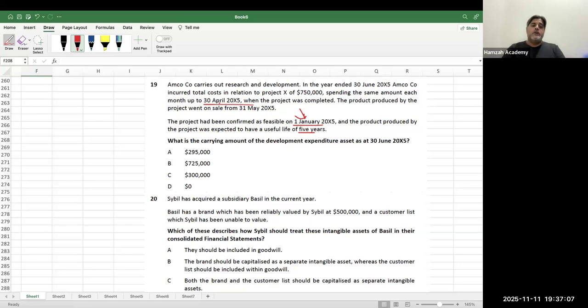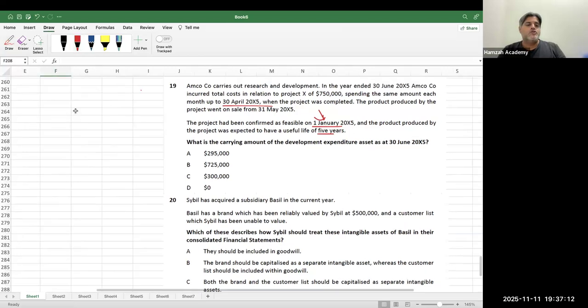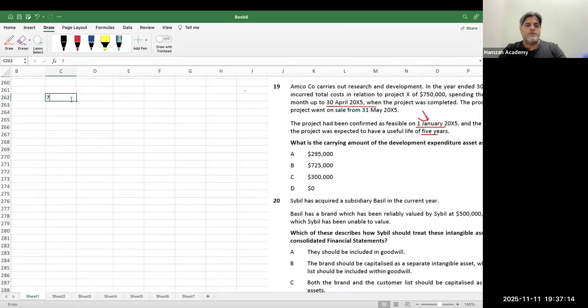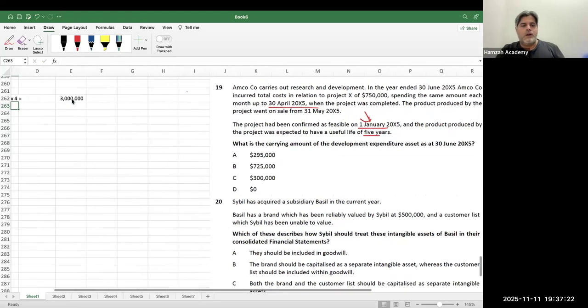Until 30th April, not till 31st May, till 30th April. So 4 months are you going to have over here? So 750,000 into 4 is 3 million. 3 million is something that you are going to have over here.